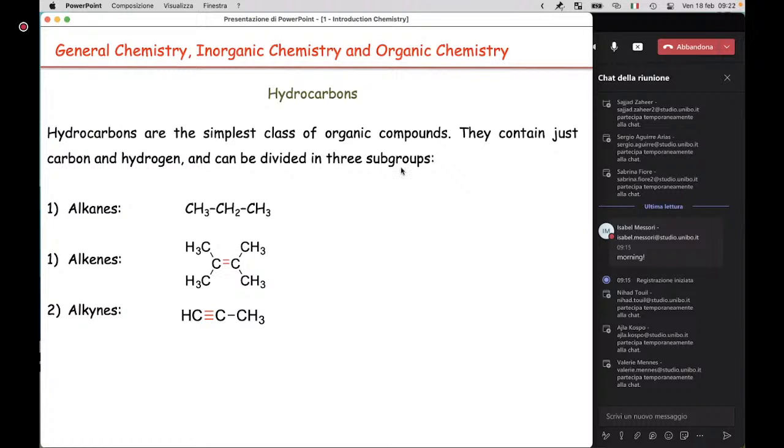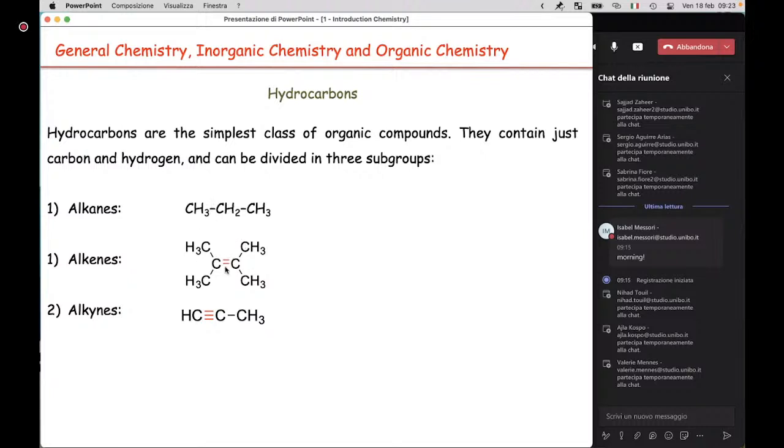Okay, so the most basic, the most simple, let's say, organic compounds are hydrocarbons. There are three main classes of hydrocarbons: alkanes, alkenes, and alkynes. Alkanes have only single bonds between carbon atoms, here a single line.